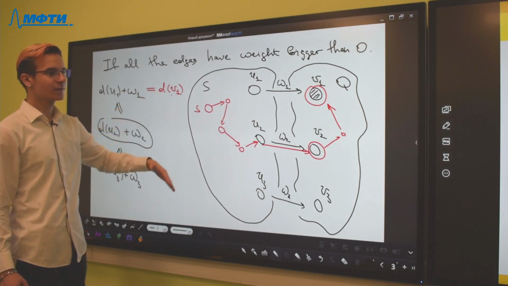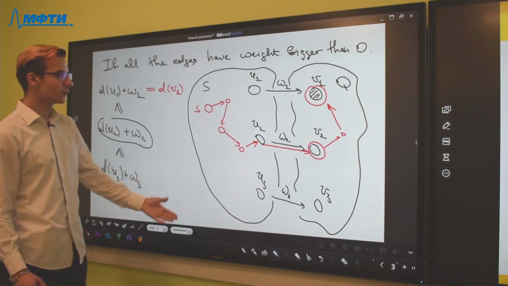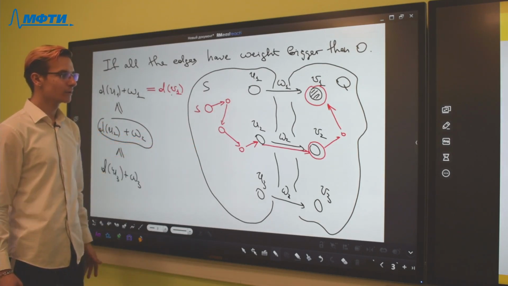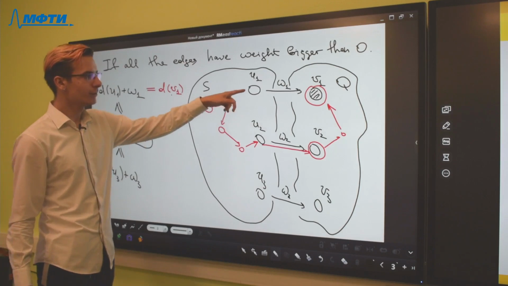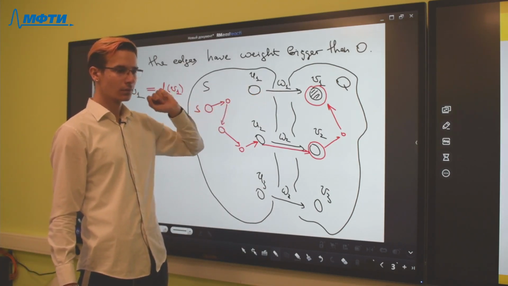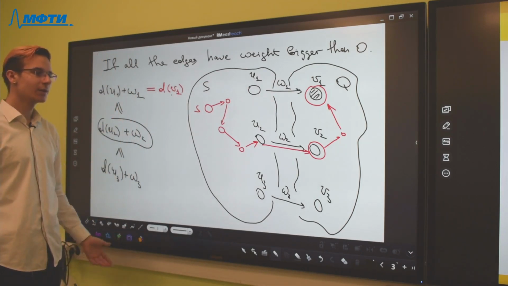Then we say that there is no path between S and V1 that will be shorter than a path from S to U1 plus this edge. And so it is the shortest path between S and V1.